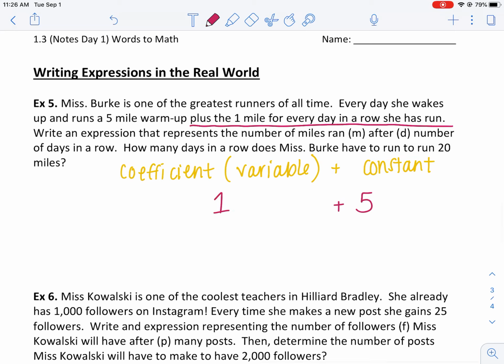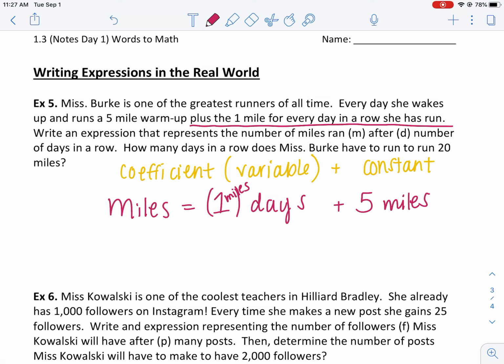Okay, so I've got 1 mile times the number of days that I've run in a row. So we've got miles that I've run is equal to 1 times the days in which I've run plus those 5 miles for warm-up, okay? And I'll go ahead and put miles there.